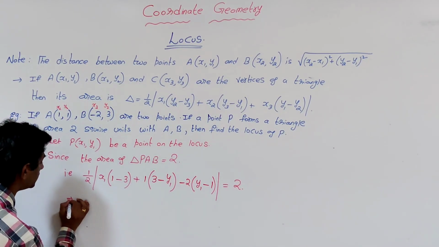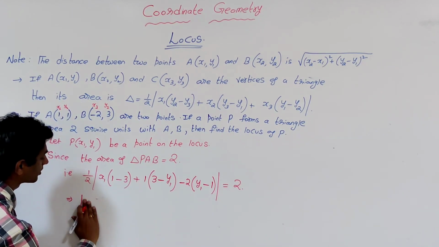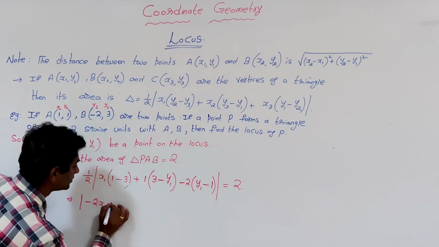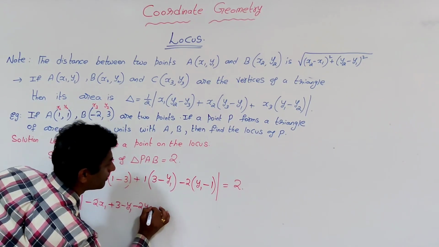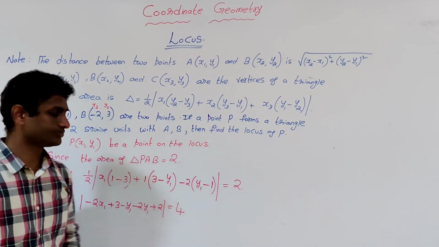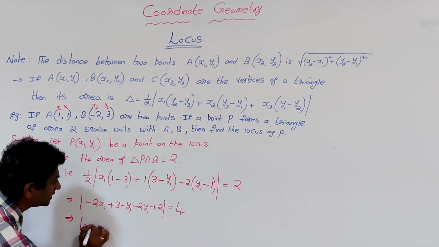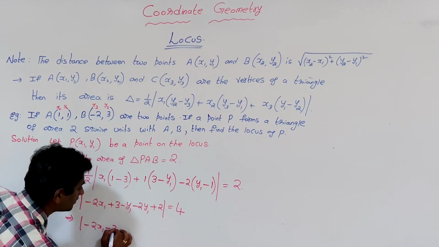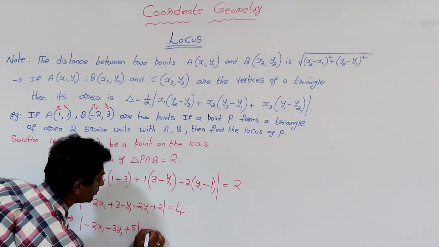So it will be modulus of x1 times (1 minus 3) minus 2x1 plus 3 minus y1 minus 2y1 plus 2, modulus is equal to 4, because we take this 2 to the left side. If we simplify, modulus of minus 2x1 minus 3y1 plus 5 is equal to 4.